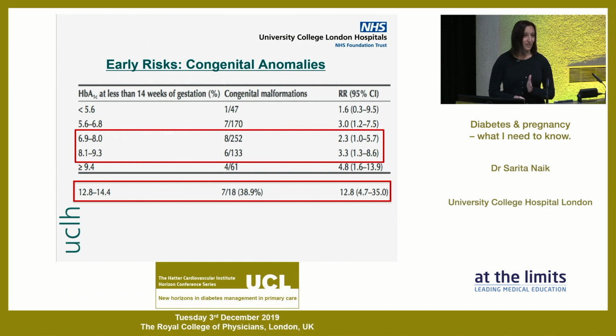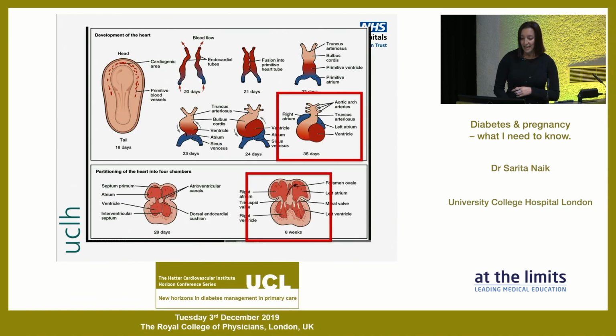But that risk for the increased congenital anomalies rises as your HbA1c goes up. So you can see that if your HbA1c is around 12%, that risk is 12-fold higher, which is significant. And it's a very difficult conversation to have with women when they present with levels like that. But the key is to get the HbA1c right early on.